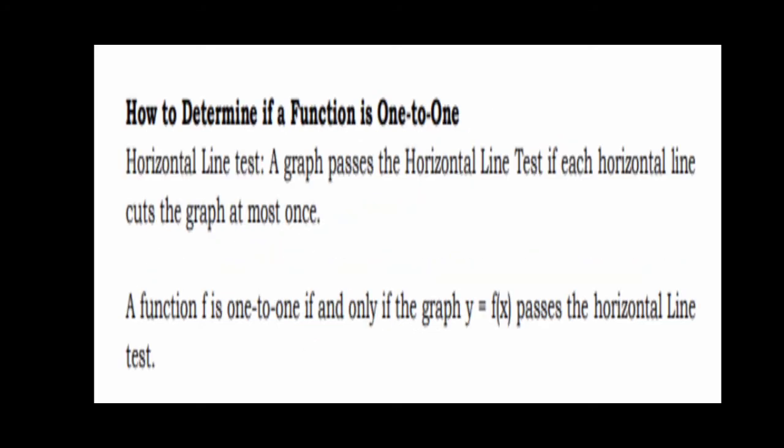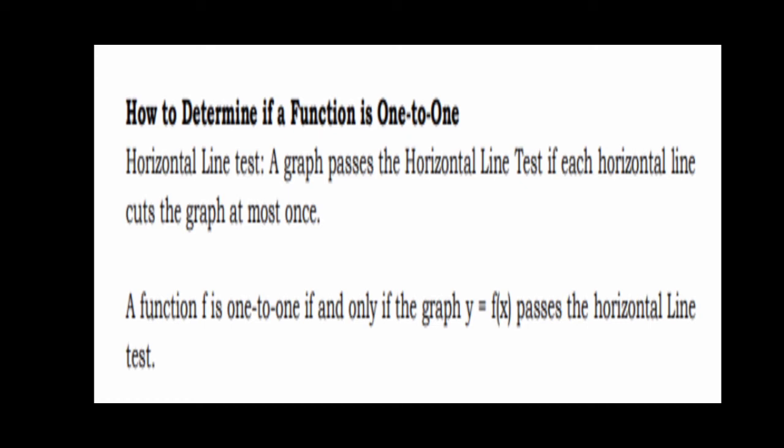How to determine if the function is one-to-one? We are going to use the horizontal line test. A graph passes the horizontal line test if each horizontal line cuts the graph at most once, meaning the graph should only touch the horizontal line once.